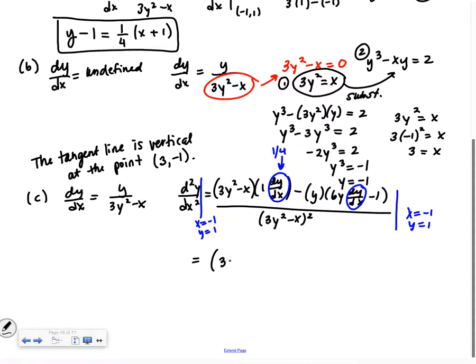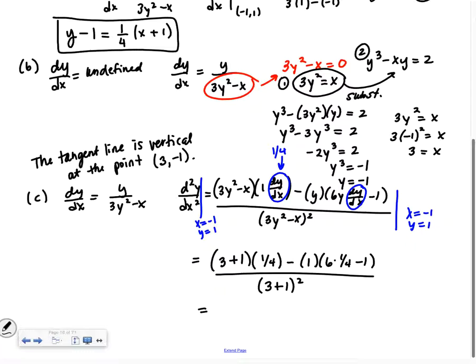So I'm going to have 3 minus a negative 1 plus 1 times 1/4 minus 1 times 6 times 1/4 minus 1, all over 3 minus a negative 1, so plus 1 squared.